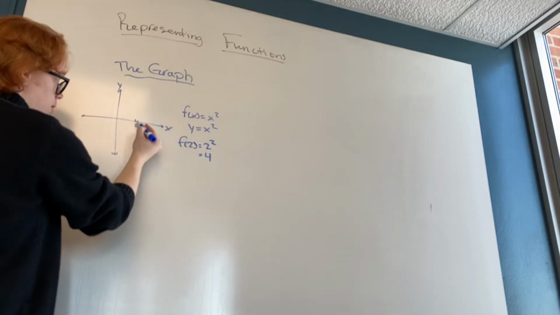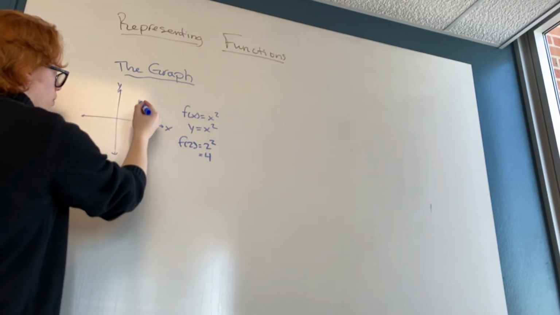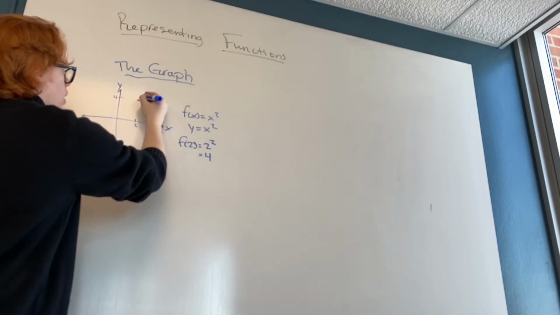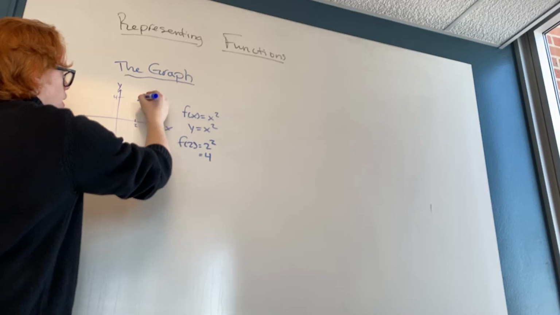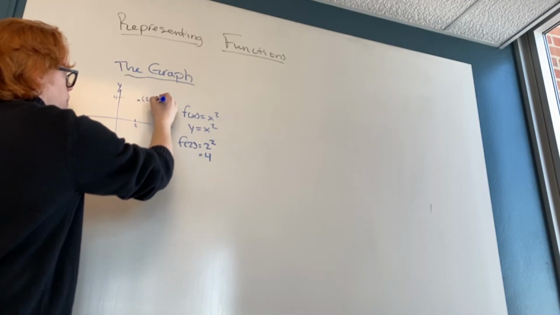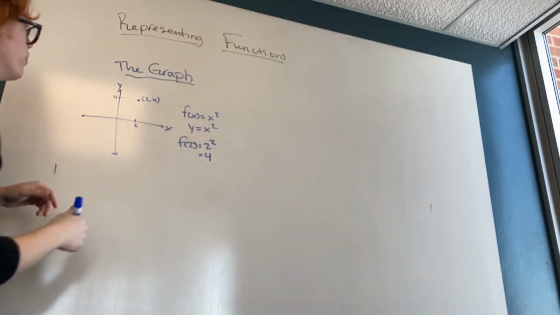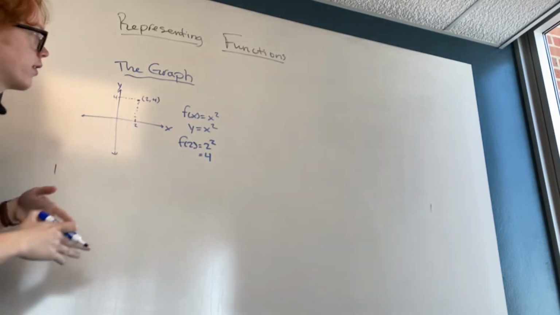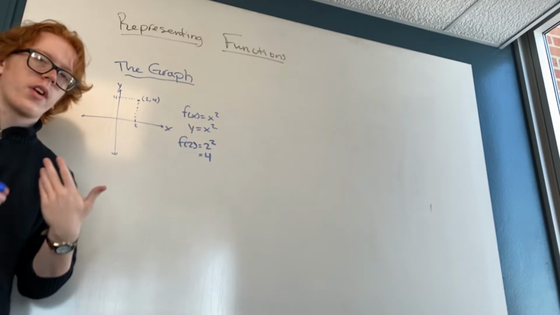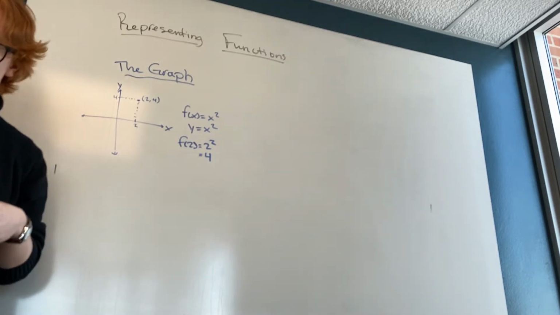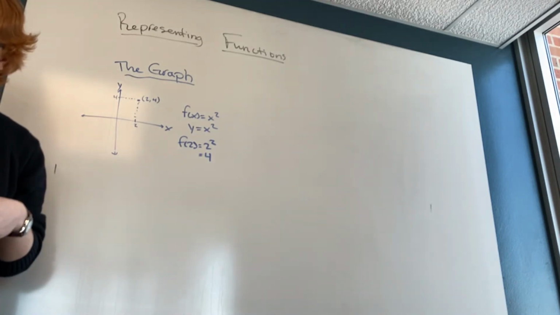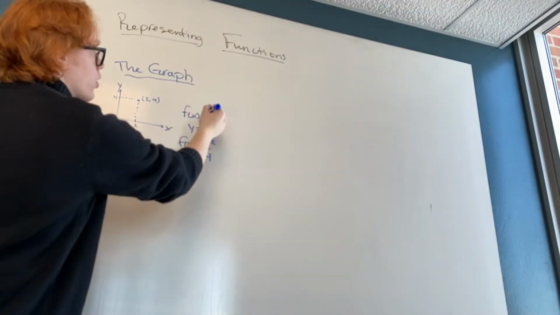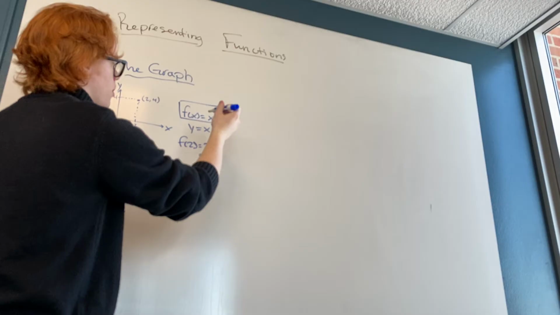So at 2, we go 1, 2, 3, 4, and we get a coordinate pair, 2, 4: x, y. If that makes sense. Graphs are a very elementary idea, but if we want to look at the function itself, this is a big idea.